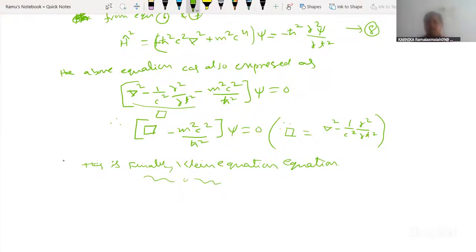The next one is the application of the Klein-Gordon equation to the hydrogen atom.